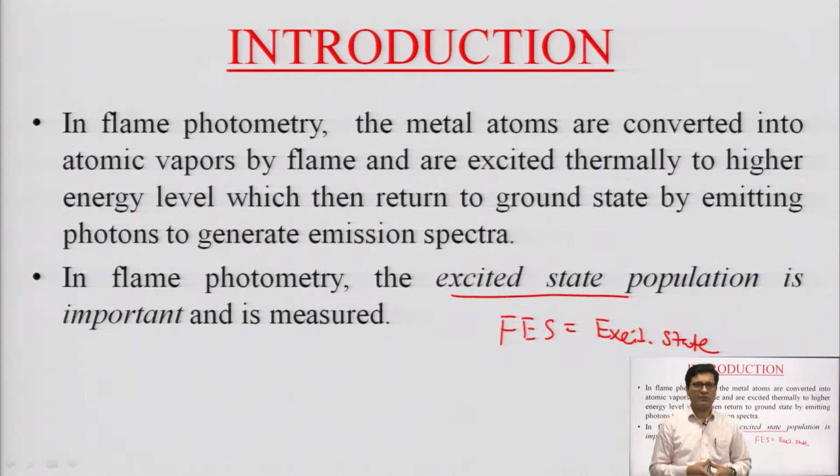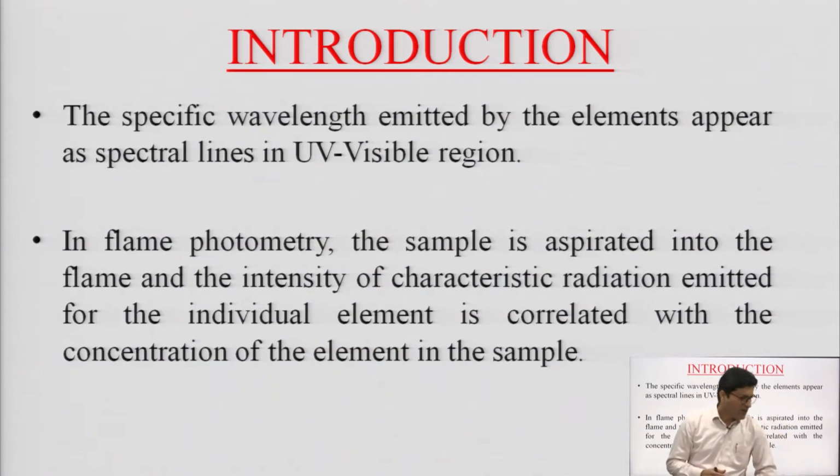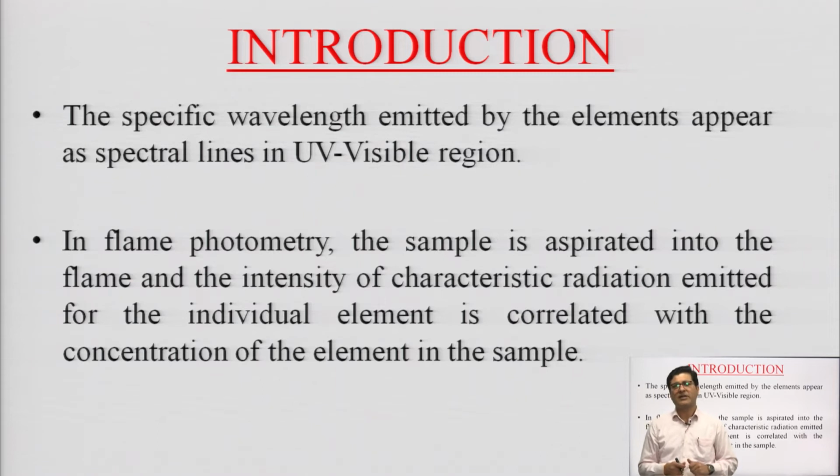In flame emission spectroscopy the major focus is on the excited state population, because if the excited state population is larger, a higher emission will be observed by the instrument. The specific wavelength emitted by any element generally appears as a spectral line in either the UV or the visible region.